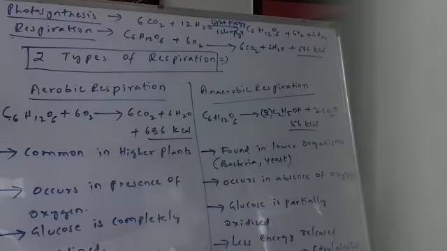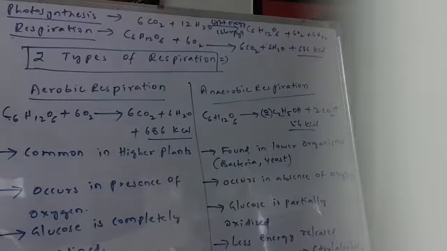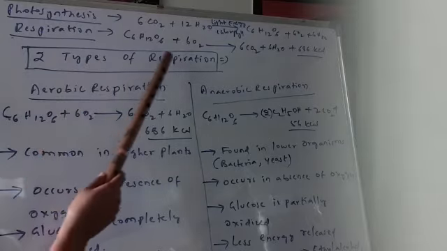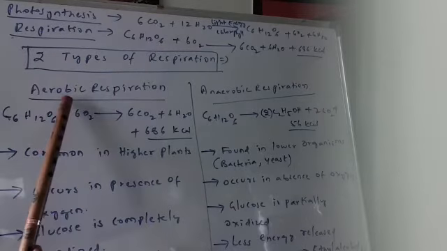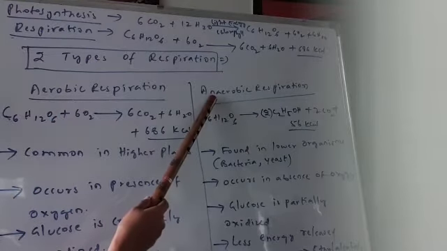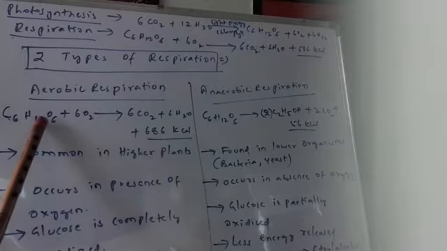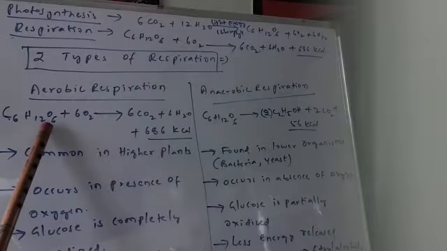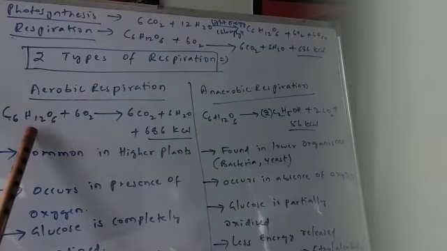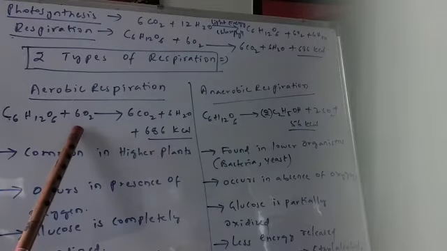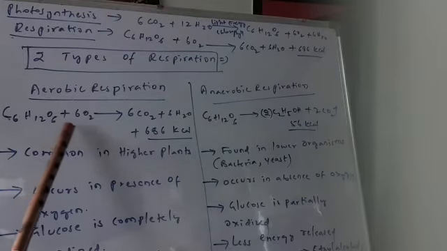Now let's understand the types of respiration. There are two types of respiration. The first one is aerobic respiration and the second one is anaerobic respiration. Let's see what happens in aerobic respiration. During aerobic respiration, the glucose molecule is oxidized in the presence of oxygen.